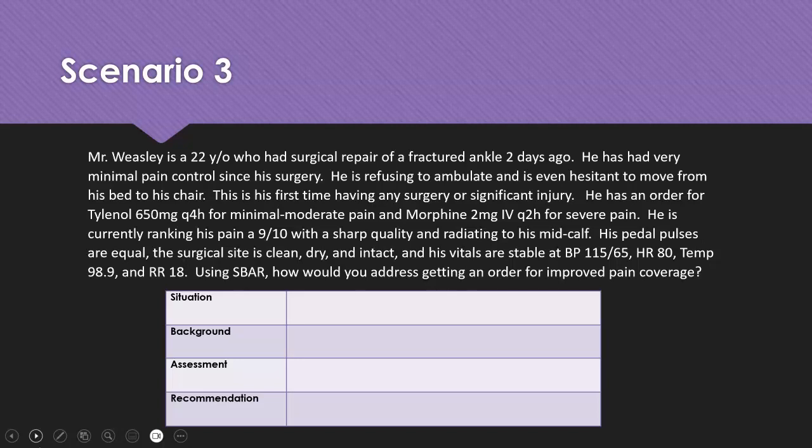So what you need to do is do your SBAR. I want you guys to pause the video and, based on what you see on this screen, do your SBAR.